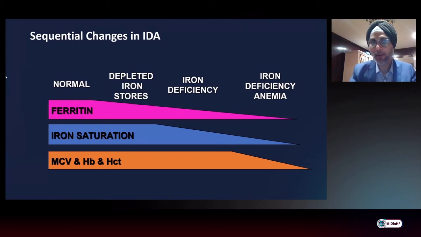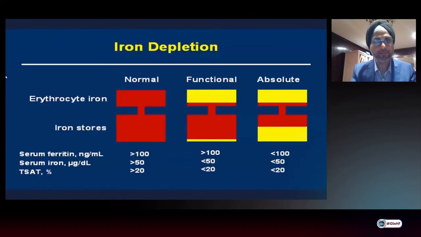And that is followed by reduction in iron saturation in more moderate states of iron deficiency. And at the end, as I mentioned earlier, in iron deficiency anemia, there is reduction in hemoglobin and hematocrit. So it's important to recognize that ferritin needs to be looked at early on if we are suspicious of iron deficiency anemia in these heart failure patients.